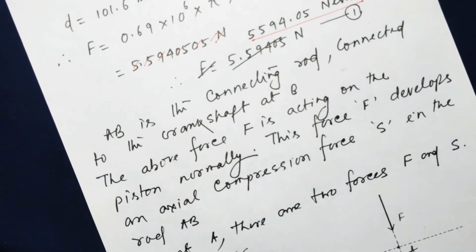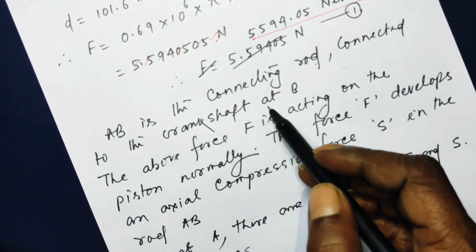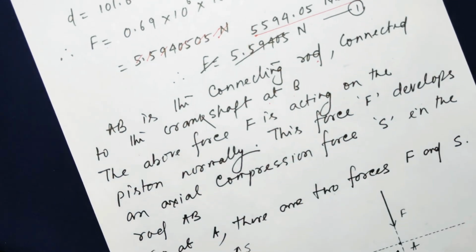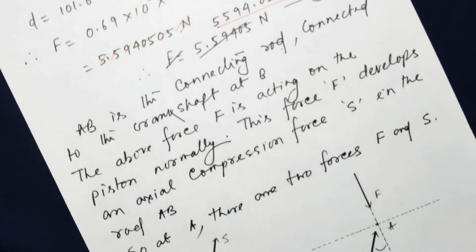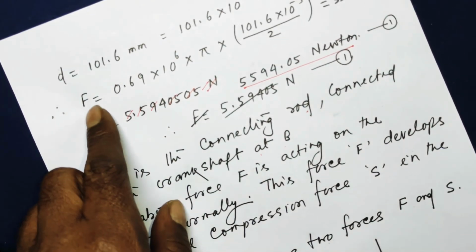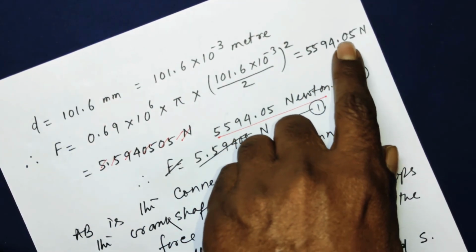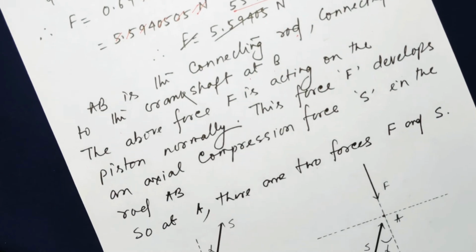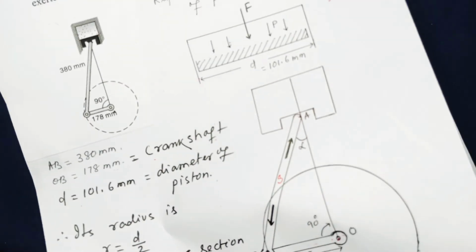So that is what I have explained in words. AB is the connecting rod connected to the crankshaft at point B. And the force we just calculated, F, as 5594.05 Newton, is acting on the piston normally. That is to be understood.